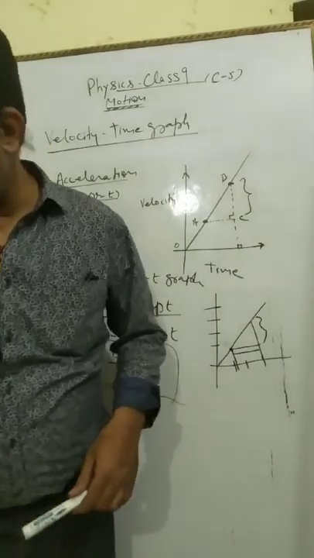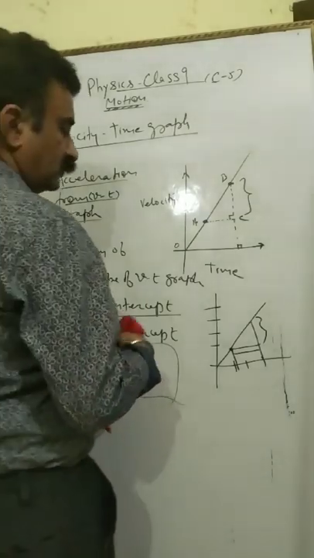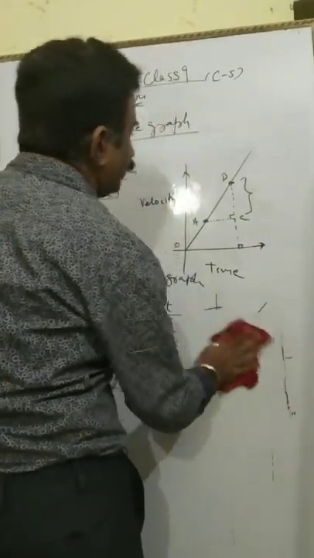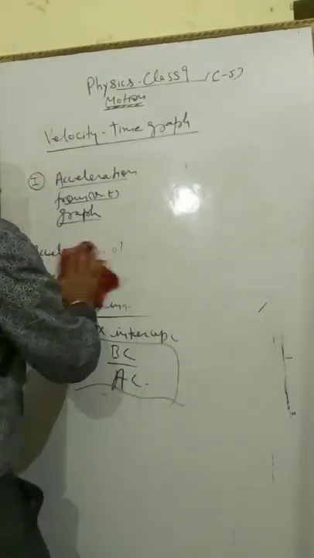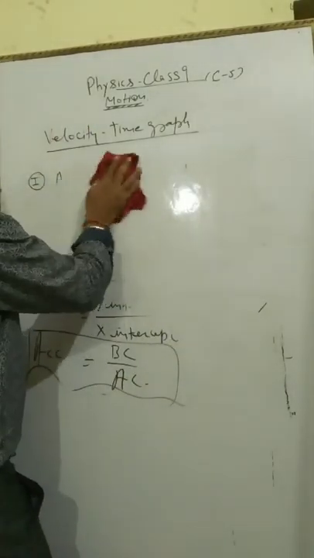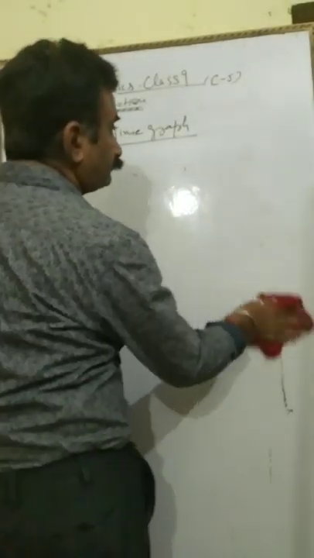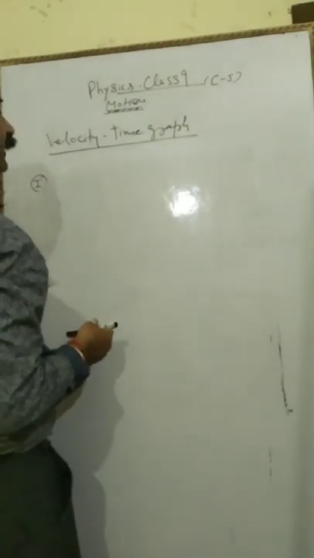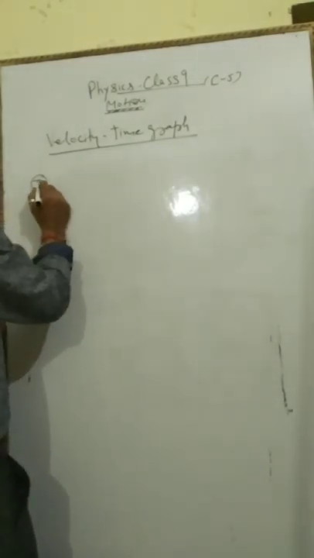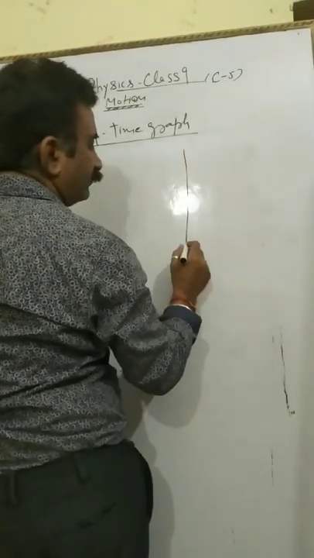We will do the numericals on this topic also. First, understand what we are getting from the VT graph. The first thing we get is the acceleration from the VT graph.